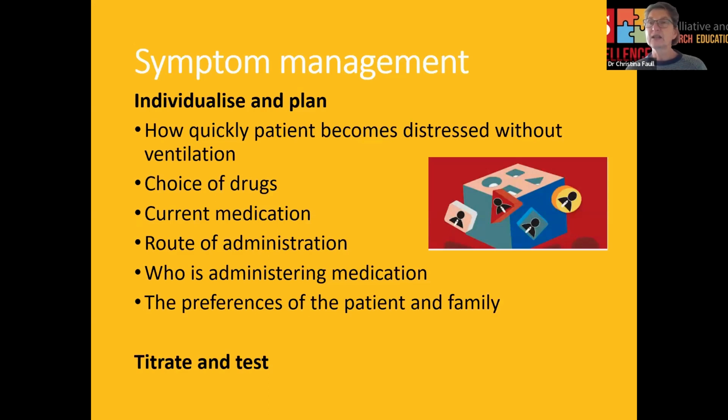But actually, interestingly, it's not always that predictable as to how long someone will live after their ventilation has been stopped. You might think, oh, this is going to be very short because they're so distressed and therefore have such respiratory failure, but actually it can go on for quite some time. So titrate and test before you just remove the ventilation, which is really important.